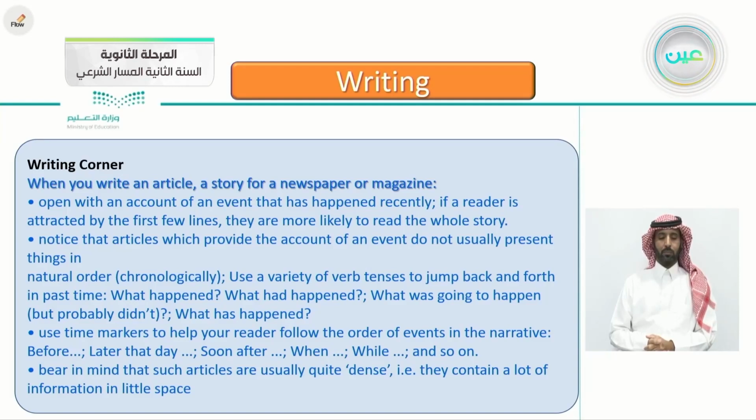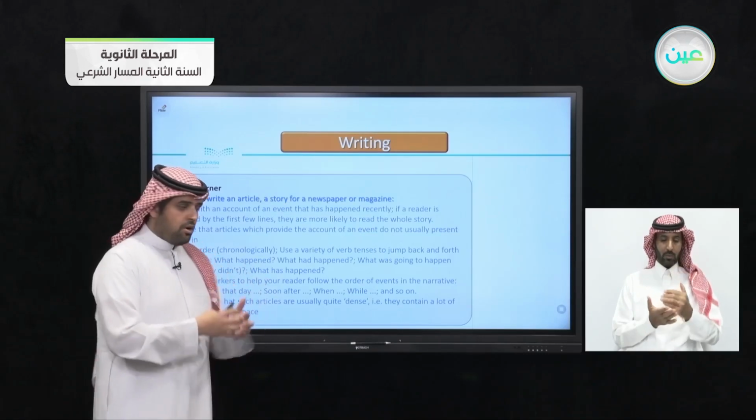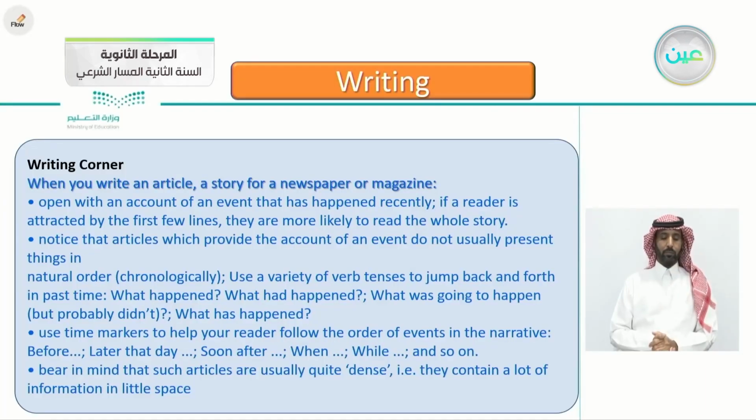Next point is to use time markers to help your reader follow the order of events in the narrative. Use time markers to make the reader follow your order. For example, before, later that day, soon after, when, while, and so on. So these are time markers to tell the reader when the thing exactly happened.